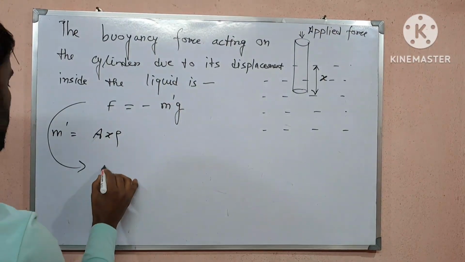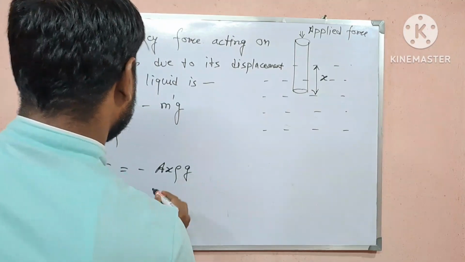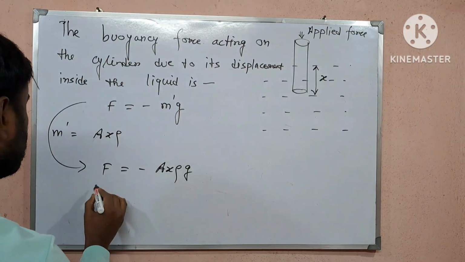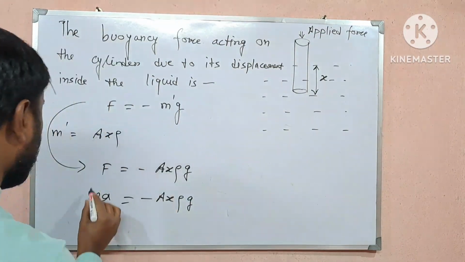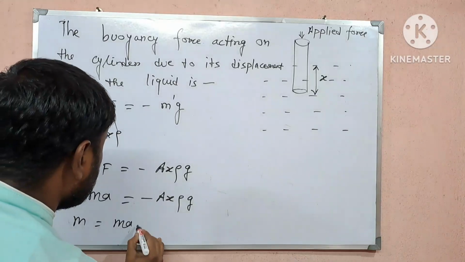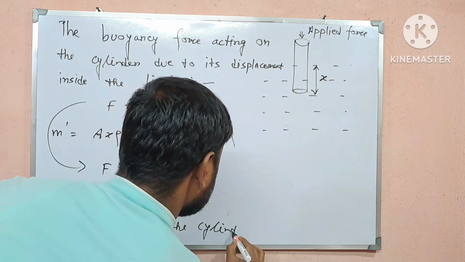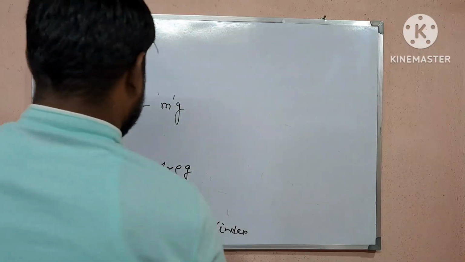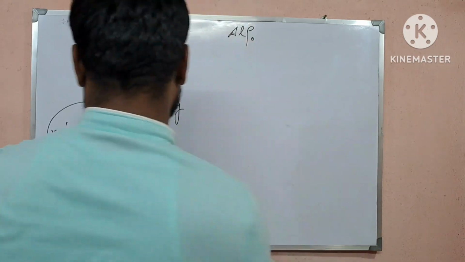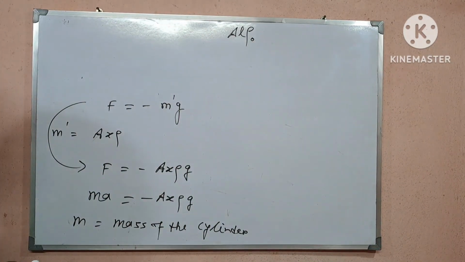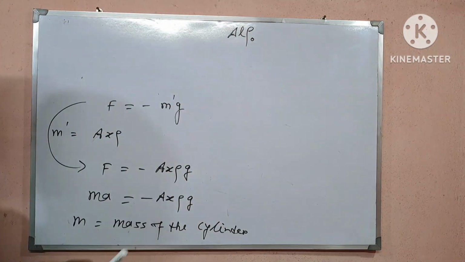So from that formula, F will be minus A x rho g, and from Newton's second law we also know F equals m a, which is equal to minus A x rho g, where this m is basically the mass of the entire cylinder. M is basically A L rho naught, because the volume of the cylinder is A L, and if we multiply the volume with the density, then we will get the mass.